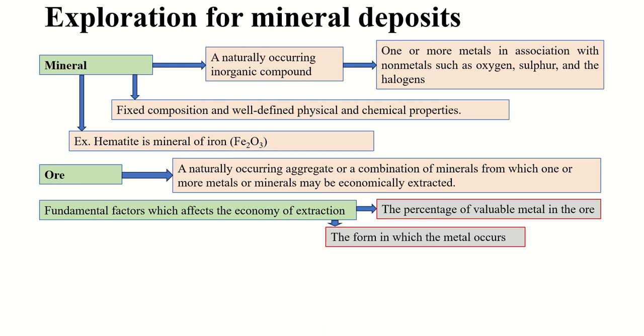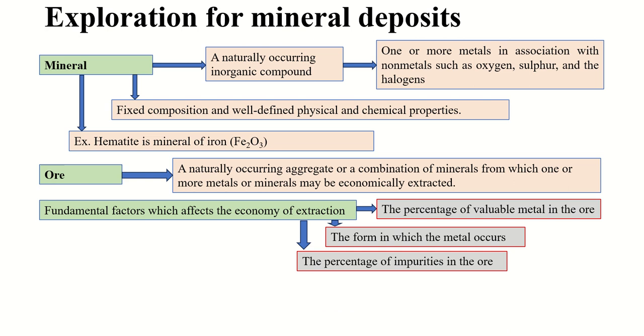The second is the form in which the metal occurs. We have to identify in which form the metal occurs in that ore, like chloride form, oxide form or sulfide form. That should be understood before extracting the metal. The third is the percentage of impurity in the ore.